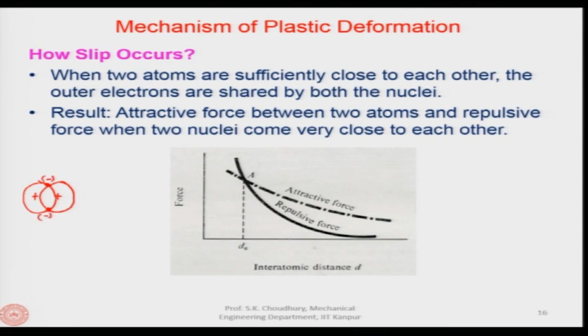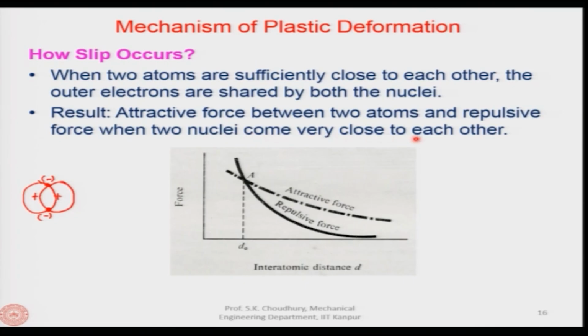This outer electron belongs to this atom and also to this atom. Once they are very close to each other, these outer electrons are shared by both the nuclei. As a result there will be an attractive force between the two atoms, and also a repulsive force, because when two nuclei come closer they have a repulsive force.